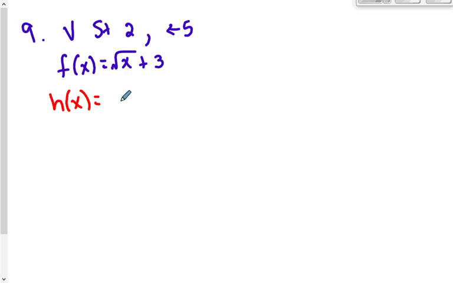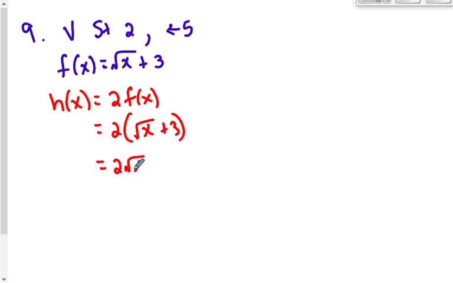It's outside. Flip or not flip? No. 2 times f of x. So just multiply 2 times the whole thing. 2 square root of x plus 3. Distribute, which gives me 2 square root of x plus what? 6. Very good.